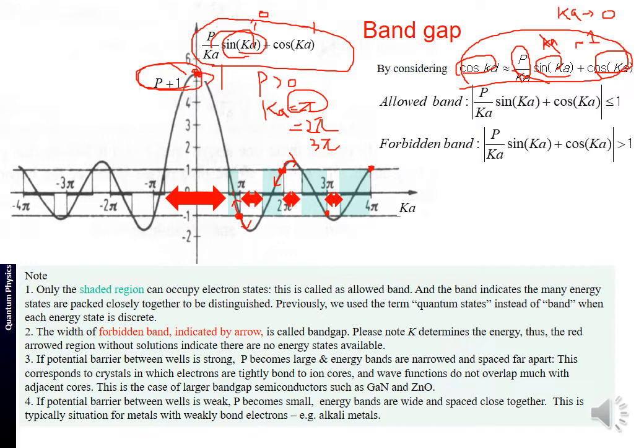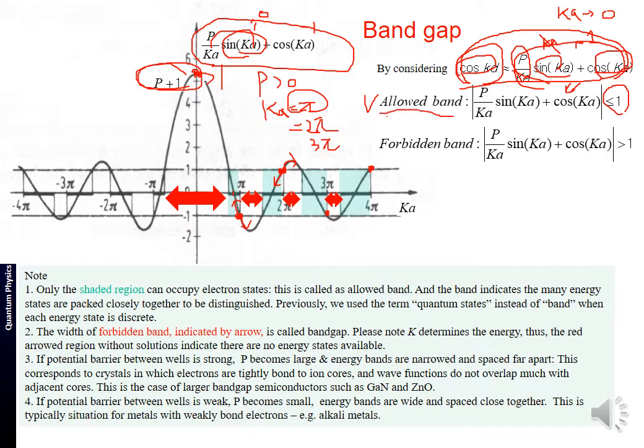This is another graphical method. And then the left hand side, cosine Kd. Cosine Kd should be no larger than 1. So we know that when we take the absolute value of this, if it is smaller than 1, then it is allowed.